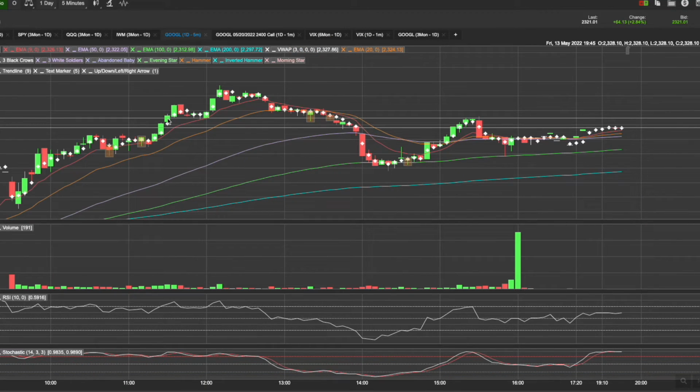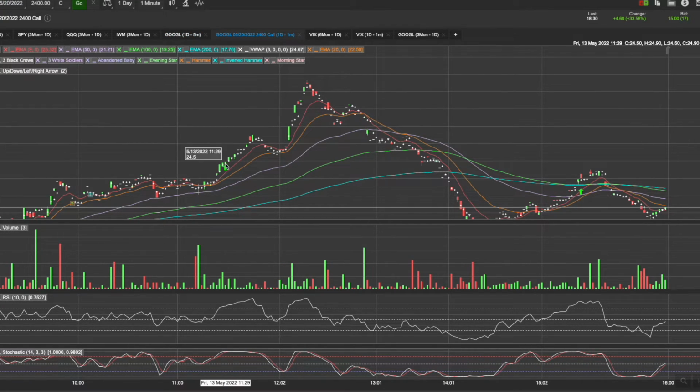To illustrate my point a little further, right around here is where I sold. This was later in the day as it pulled back, made a bounce relatively close to where I sold, and then pulled back and traded sideways the rest of the day. On that, let me show you the price of the options.